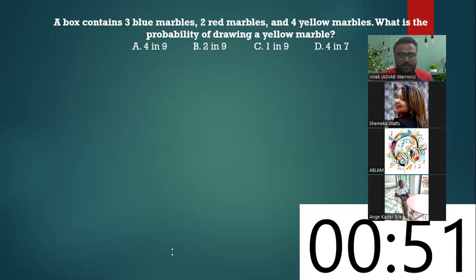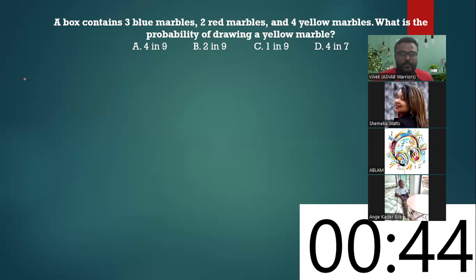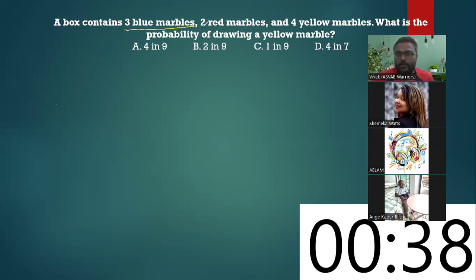Okay, Shemika says she needs help on this one. That's fine. No problem at all. Let's solve it. A box contains 3 blue marbles, 2 red marbles, and 4 yellow marbles. What is the probability of drawing a yellow marble?